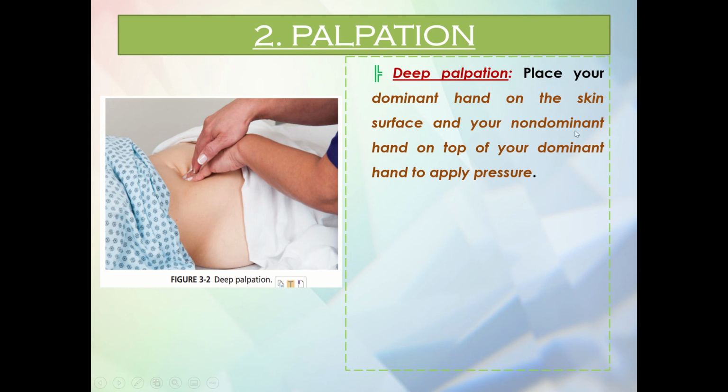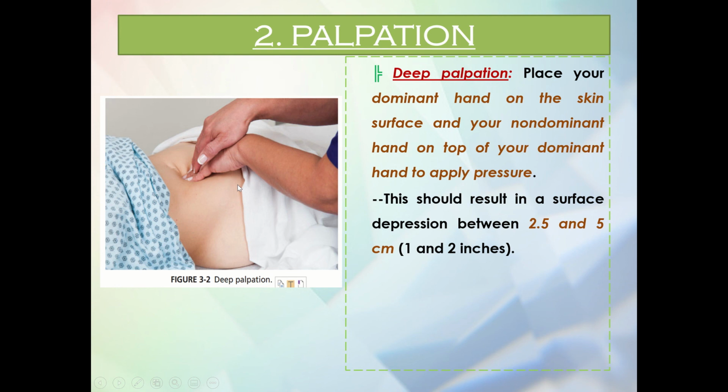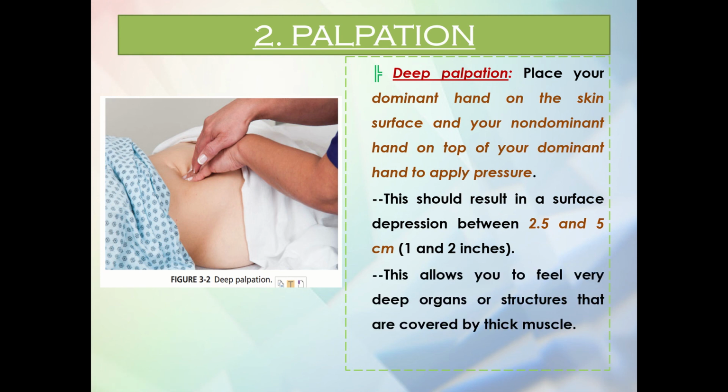So again, your non-dominant hand on top of your dominant hand to apply pressure. So si non-dominant hand yung nag-a-apply ng pressure kay dominant hand so that you can feel the organ that you are palpating here. So this should result in a surface depression between 2.5 up to 5 centimeters or 1 up to 2 inches. So this allows you to feel very deep organs or structures that are covered by thick muscle.